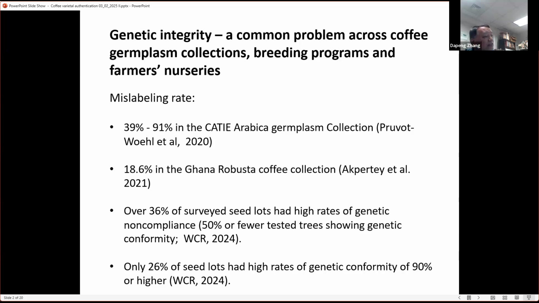The main reason for this is that coffee, unlike maize, wheat, soybean, and other major field crops, doesn't have a good formal seed system, right? And also it is because of their biological features, unwanted pollen contamination and unwanted segregation, which I will talk about later.